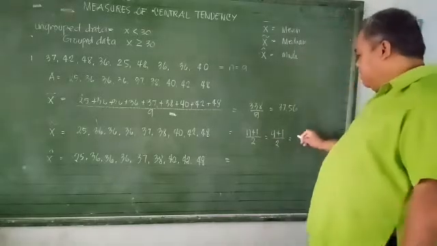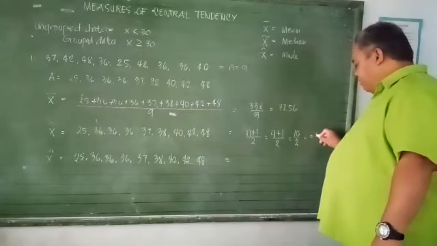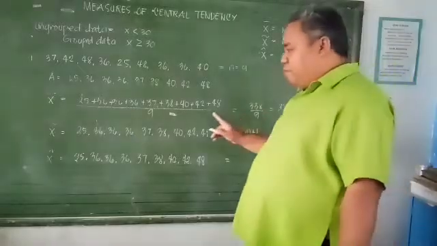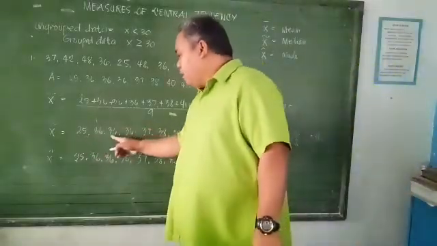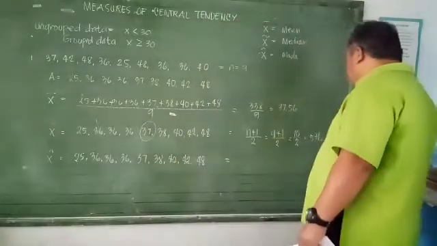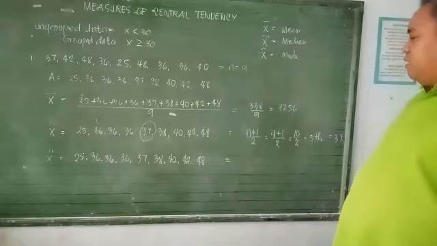It will give us 10 over 2, so this is 5. So, count 5 from the first data: 1, 2, 3, 4, 5. So, your 37 here is your median. That is 37. That will be the median of your data.